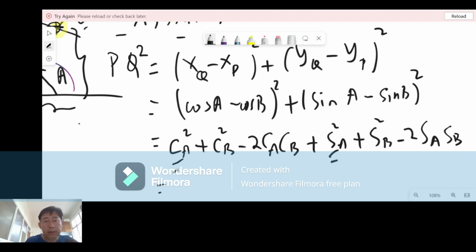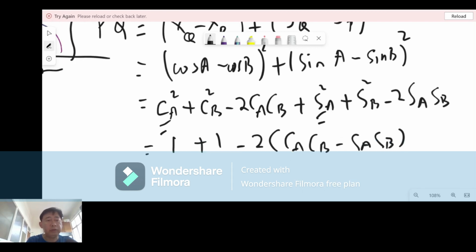Likewise, for cos squared B and sine squared B, you add them up together, you get another constant of 1. Then you have minus 2 times (cos A cos B plus sine A sine B)? Then you have 2 minus 2 times the remaining terms. So that is the expression of PQ squared.